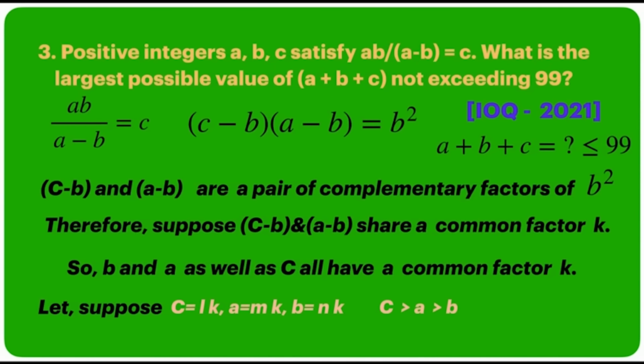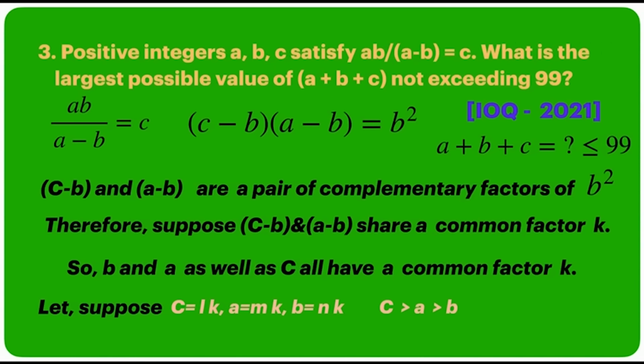So clearly lk greater than mk greater than nk, so nk will be the least, and then mk and then lk.